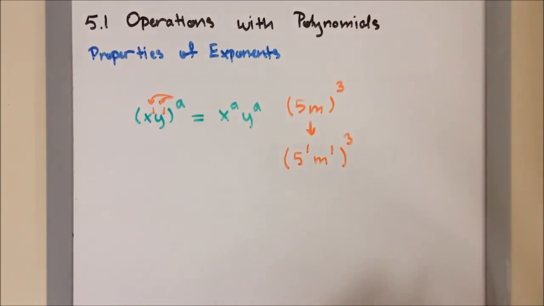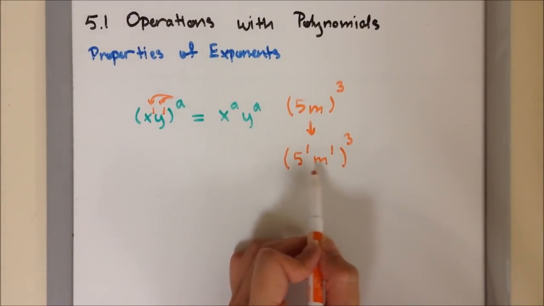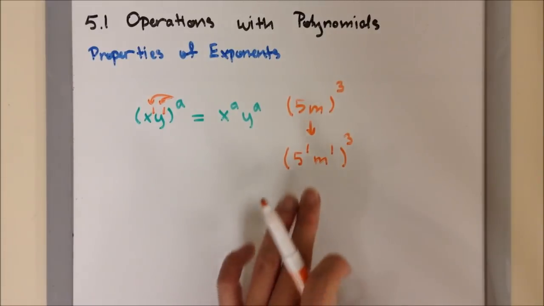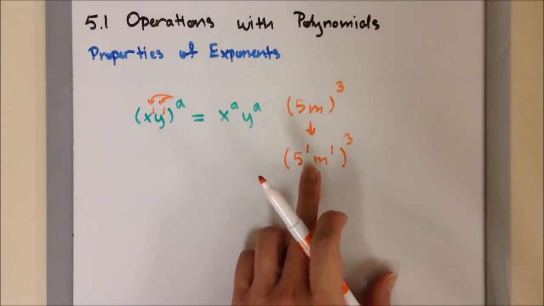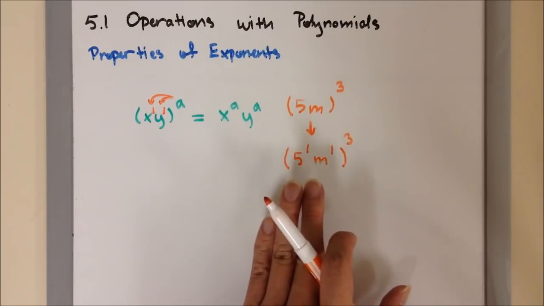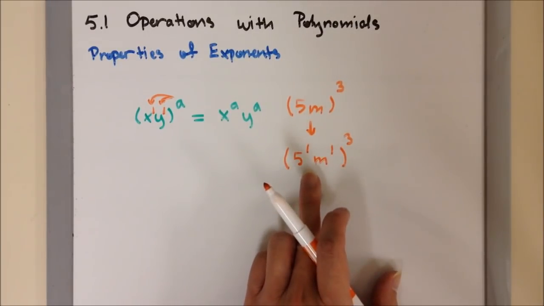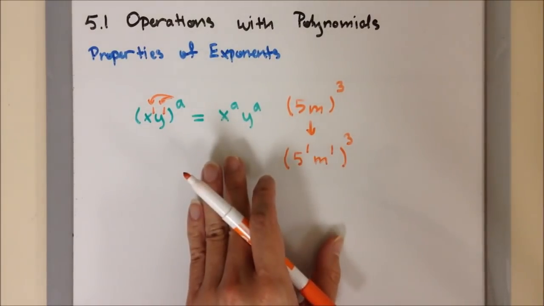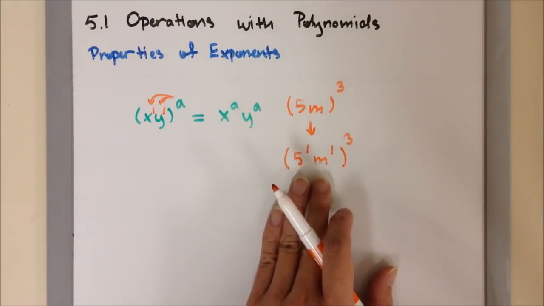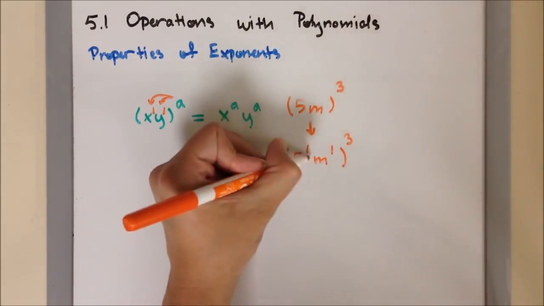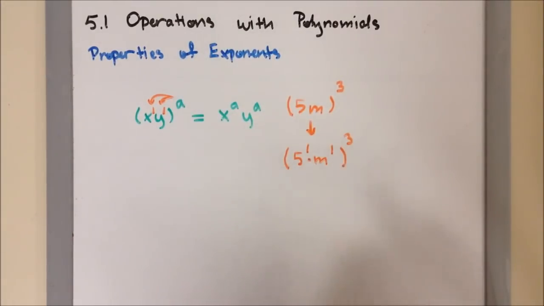Now this only works if these two bases are multiplying. If it was addition or subtraction in between the 5 and m, then you cannot use this property. So I repeat, if there's a plus or a minus between the 5 and an m, you cannot use this property whatsoever. In this case, it's 5 to the 1 power times m to the 1 power.